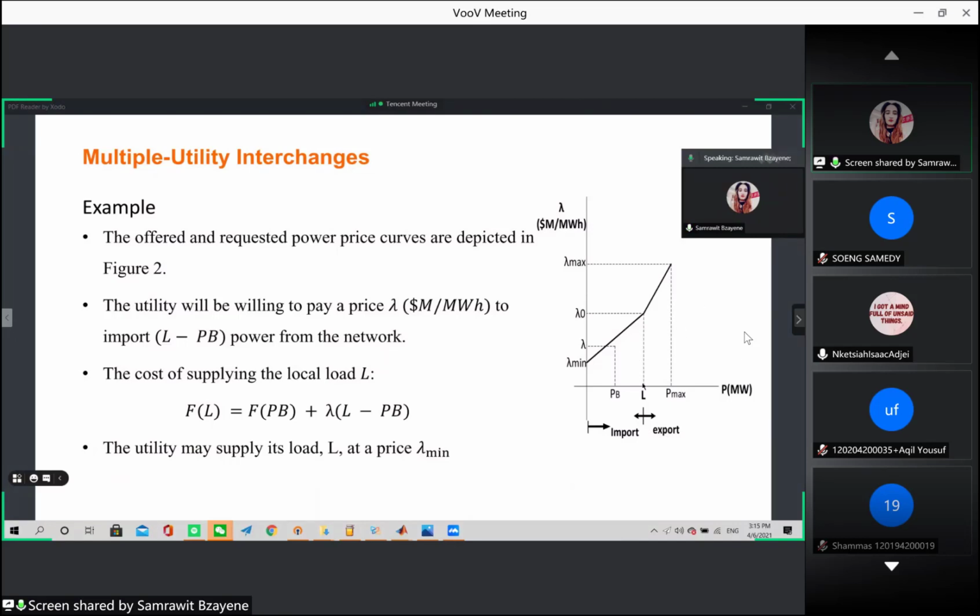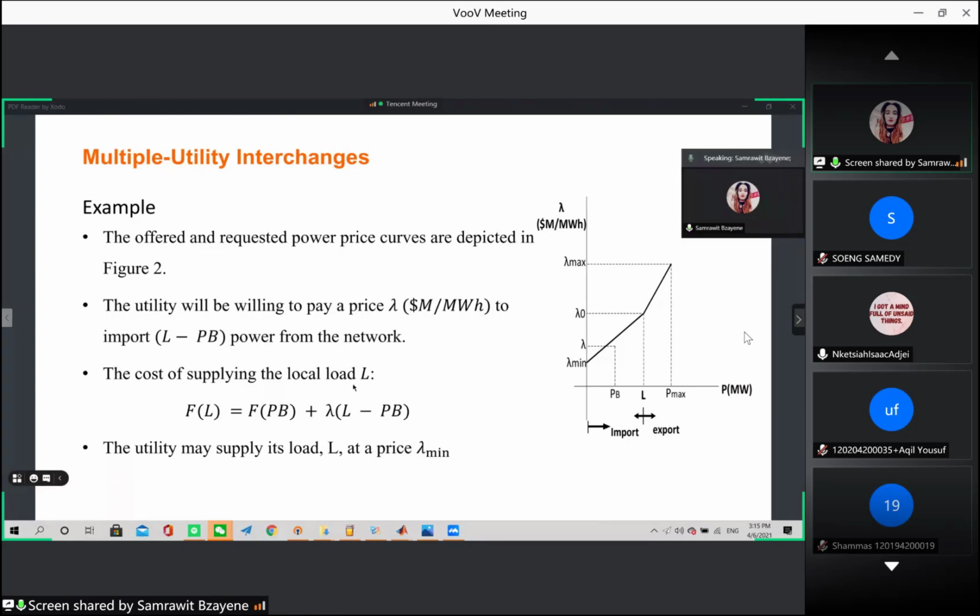The utility will be willing to put a price to import lambda minus PV power from the network. The marginal cost is offered to define the level of importing or exporting power. So we want to import lambda minus PV power from the network.